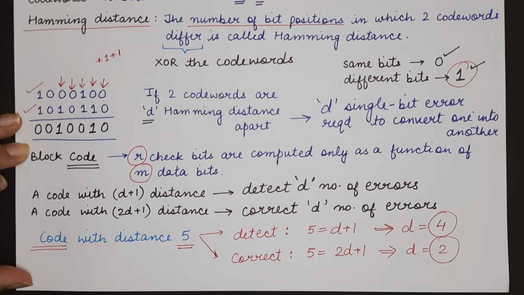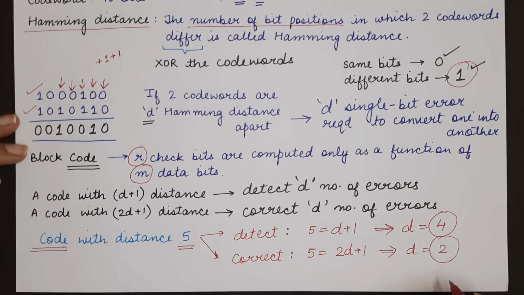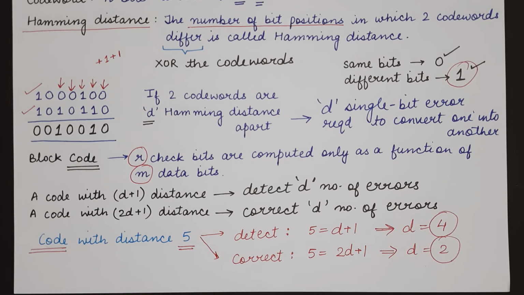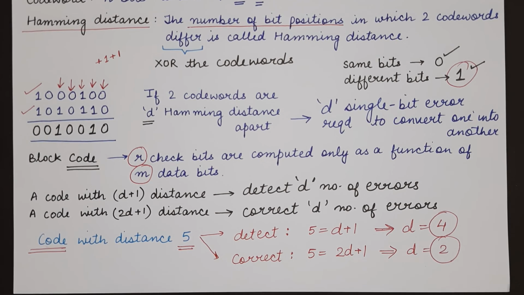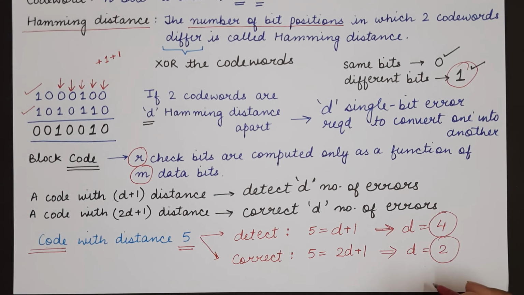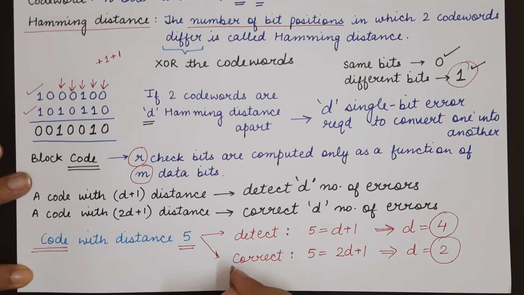So, a code with distance 5 will be able to detect 4 errors, whereas it will be able to correct up to 2 errors. If there are code words that differ in 2 bits, that is, double errors have occurred, then this code with distance 5 will be able to correct them.